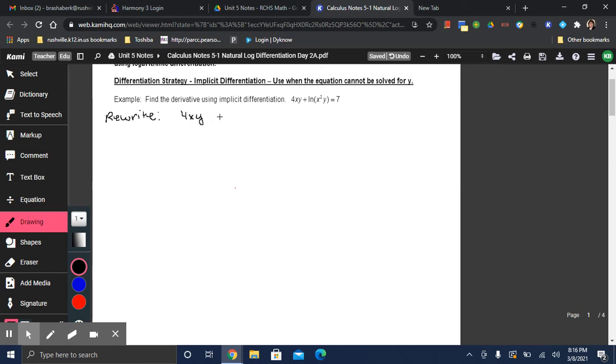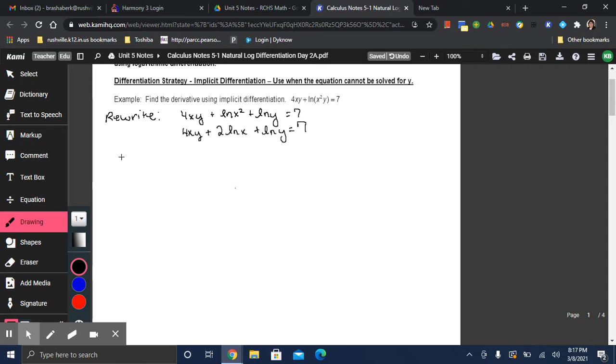But we can rewrite this as the natural log of x squared plus the natural log of y equaling 7. And we can actually do one more step, bringing the 2 in front. So 4xy plus 2 times the natural log of x plus the natural log of y equaling 7.